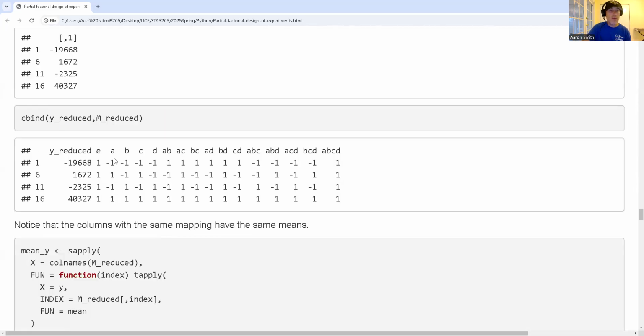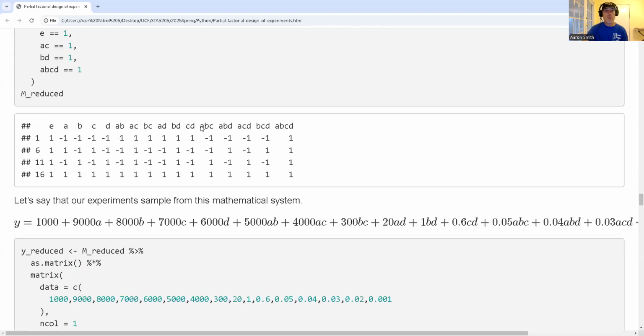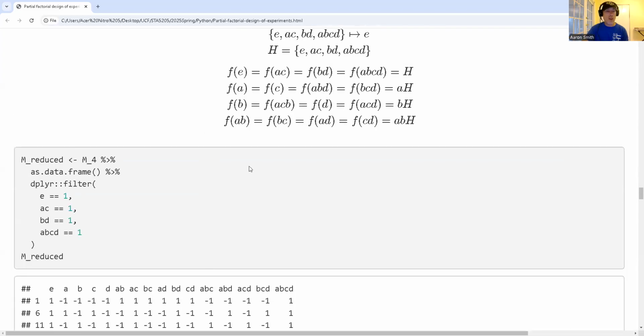We have A, negative 1, 1, negative 1, 1. C, it's alternating back and forth. And we have ABD, negative 1, positive 1. And then it is BCD, alternating back and forth. And it's going to work out that every single time the columns are going to be exactly the same.